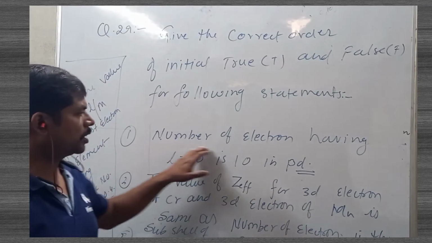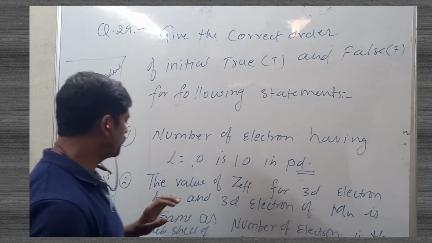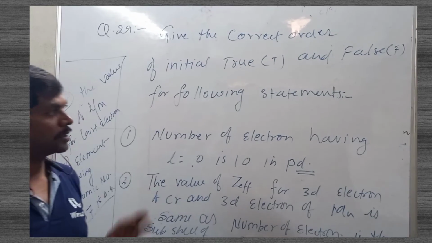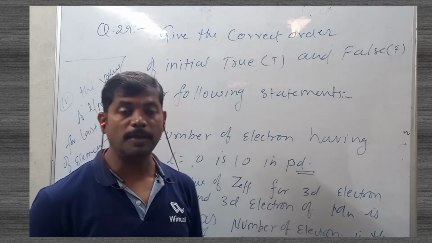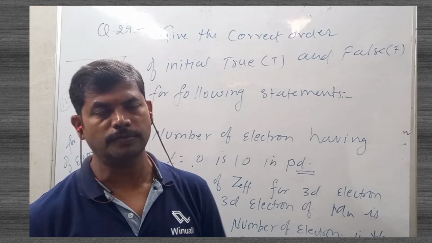So first is the number of electrons having L equal to 0 is 10 in palladium, and the value of Z for this. So according to that, this fourth statement is just asking to give the correct order of true and false for the following.